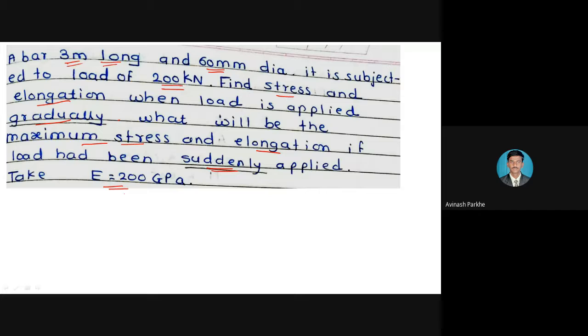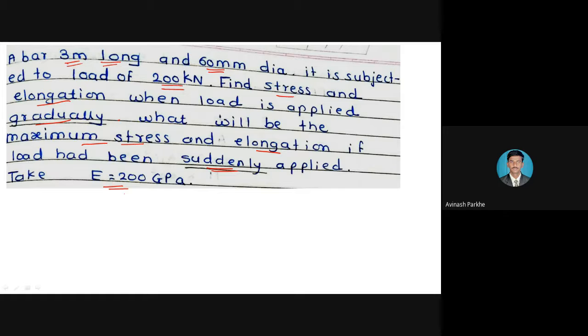Condition 1: the 200 kilonewton load is applied gradually; find stress and elongation. Condition 2: the 200 kilonewton load is applied suddenly; again find the maximum stress and the elongation. That means in a single problem, they want the stress as well as elongation using the gradual condition as well as the suddenly applied condition.